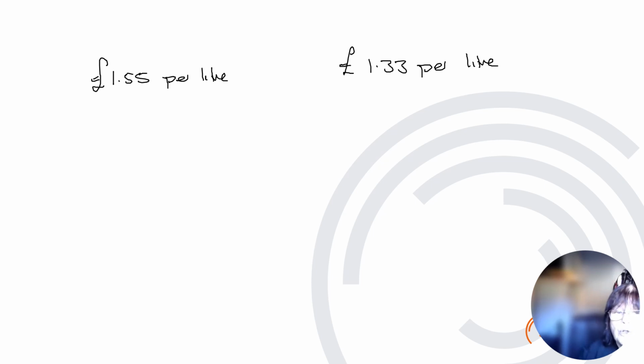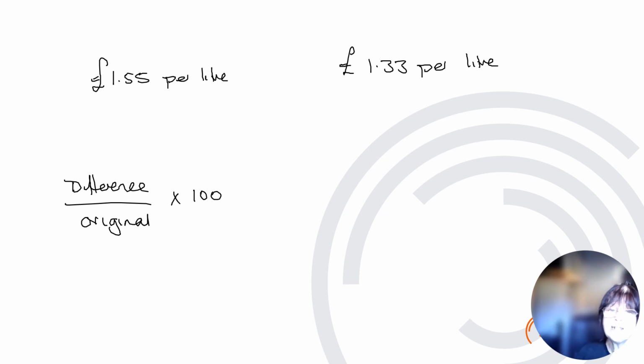Again, we look at our difference divided by the original, and then we multiply it by 100. Now, this is slightly different because in this instance we've got decimals, but the system is exactly the same. So use a calculator, stop the video, have a little go, and come back when you think you've got an answer, and we'll go through it together.